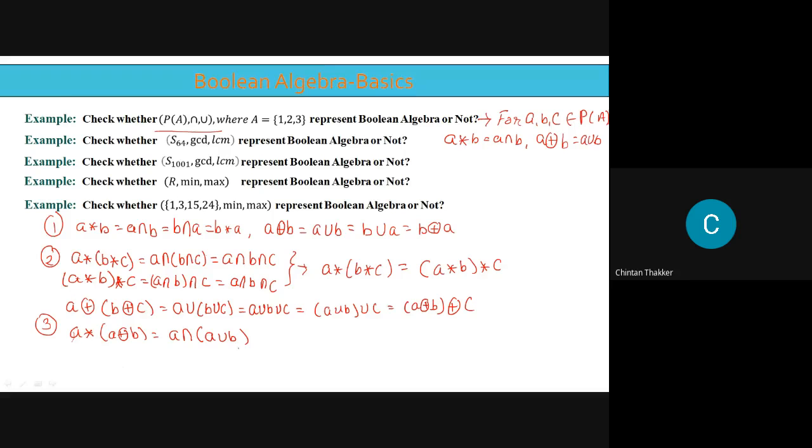Now here we know that A is always a subset of A union B. So when we have A is a subset of B, or you can say any set is a subset of the second set, then the intersection is always the smaller set. Like C is a subset of D, then C intersection D is C. So here A is a subset of A union B, so the intersection is A.